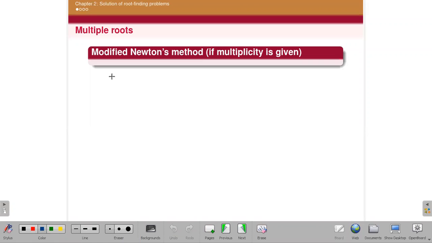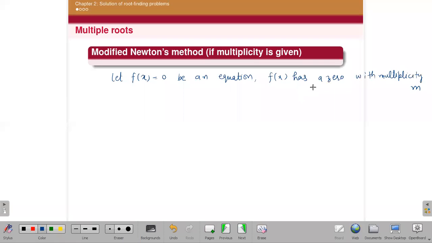So let us take an equation f of x is equal to 0, and f of x has a root at some point p with multiplicity m. We don't know the root, which you have to find out, but its multiplicity m is given here.